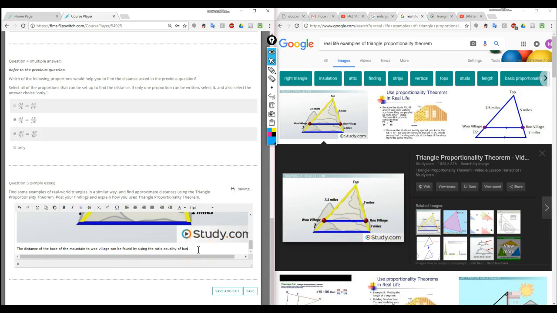So, base to Roo Village compared to Woo Village to the top.